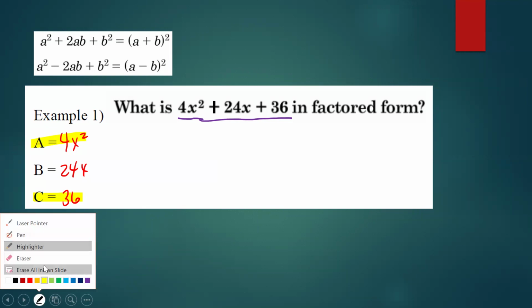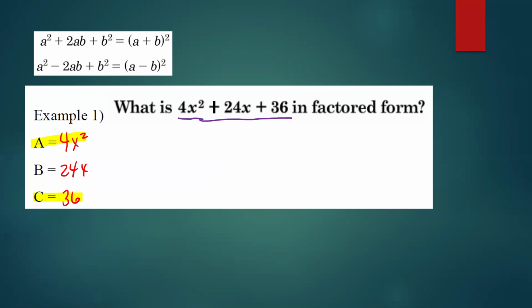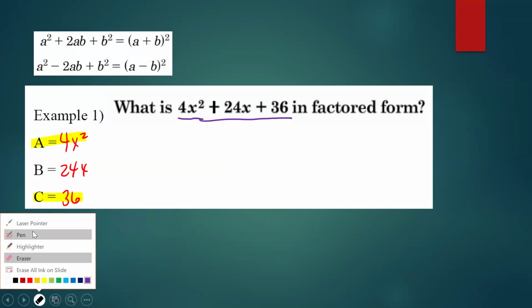So based on this rule, instead of having to go through grouping or the Xbox or any of that, it's simply saying that if you take the square root of your A term and the square root of your C term and multiply them together, doubled, it makes your B term, right? So you just double check that that's true, and then you can factor it as A plus B, squared.